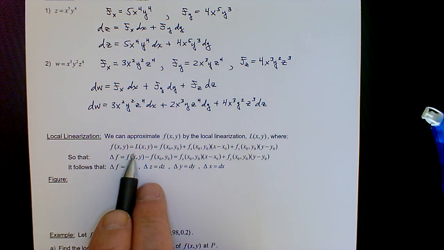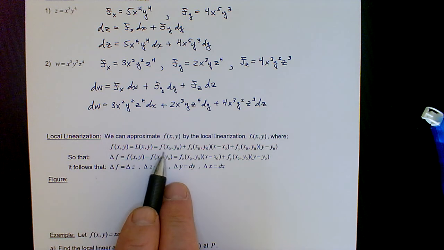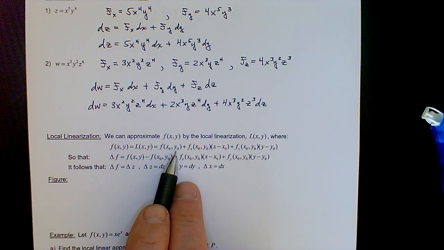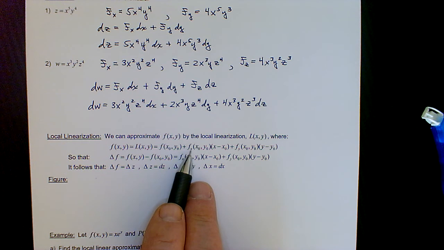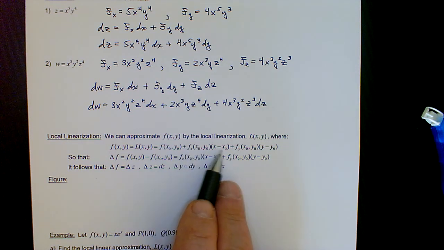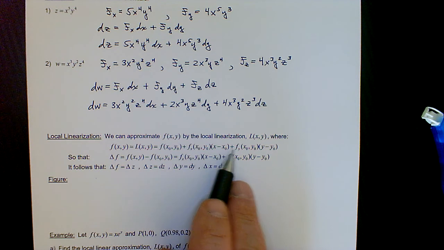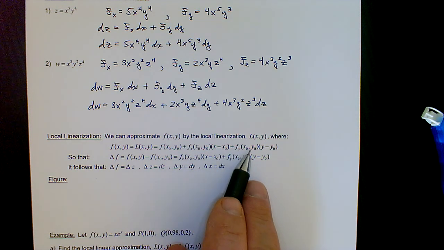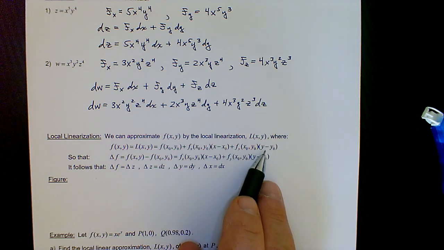The function is approximated by L of x, y, which is f of x sub 0, y sub 0, a point on the function, plus the partial with respect to x evaluated at that point times the quantity x minus x sub 0, plus the partial with respect to y evaluated at that point times the quantity y minus y sub 0.